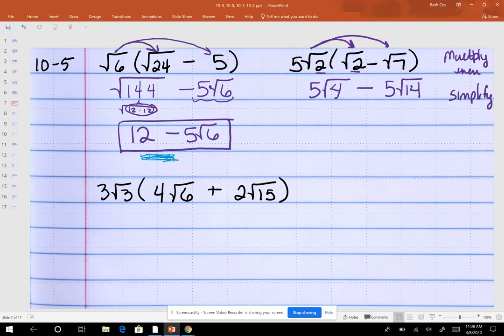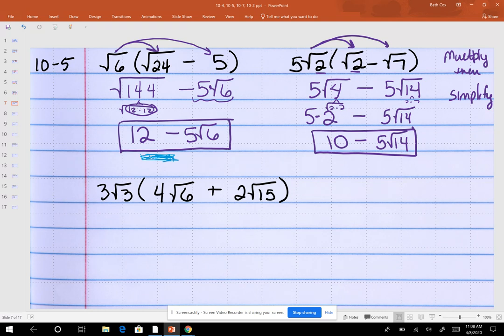The square root of 4, now the 5's already out, but this can simplify to 2 times 2. The 2's get out, and nobody's left at home. And I can do 5 times 2 is 10. Now, the 14 doesn't break. Nobody gets out. It's 2 times 7, so nobody gets out. And again, I can't do the 10 minus 5, so that's my answer there.